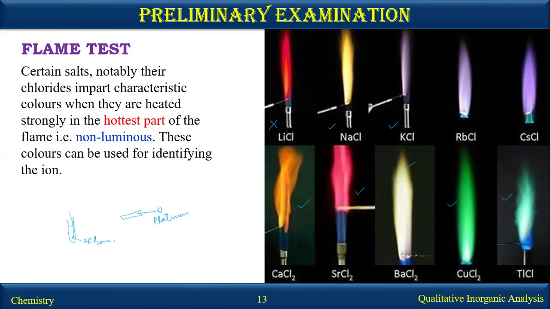So first we dip it here, then we touch it with the salt. It is touched with the salt after dipping because it contains concentrated HCl, and we use platinum because platinum is inert to the acid.